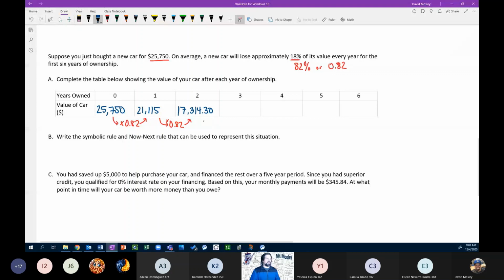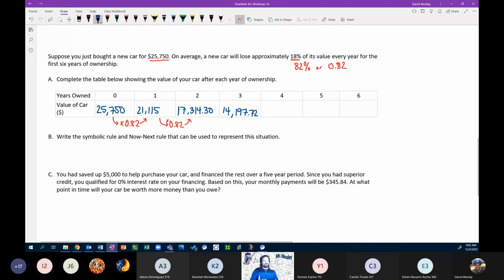All right, and we continue multiplying by 0.82, which represents the lost value for each year, right? How much value we get to retain. Then next year we're at 14,197, about 0.72.